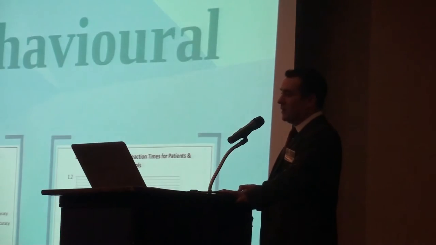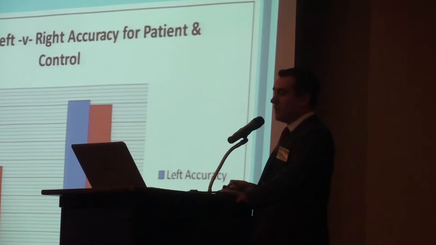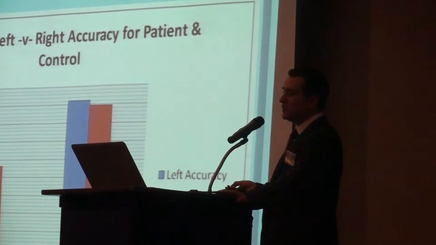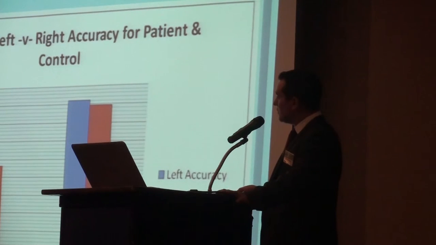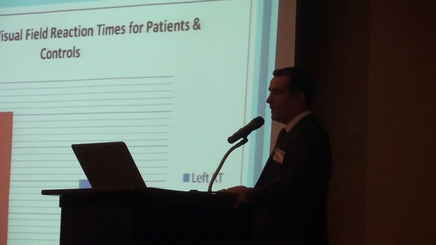neglect. Looking at some of the behavioural results we got from using the RDM task, we could see similar results in how accurate they were at capturing these stimuli. So you can see that on the left-hand side, the patient scored significantly low between the left accuracy and the right accuracy, showing that they didn't detect the left targets as easily as they did detect the right. The control didn't have much of a difference between left and right.